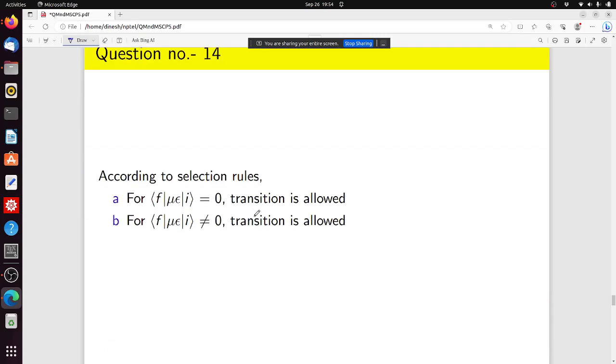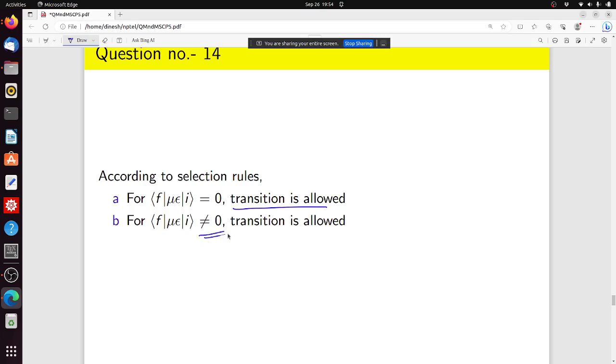According to the selection rule, for the transition moment integral, if it is 0, then which option is correct? A option. So if it is 0, then transition is allowed. Oh, sir, sorry. No, sir. It should be non-zero.